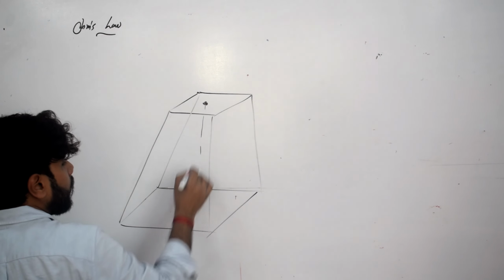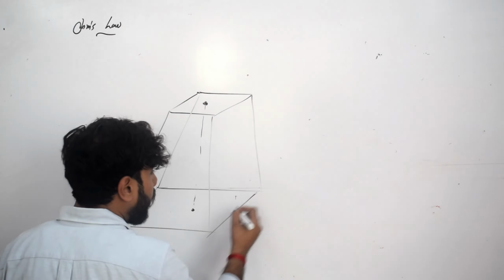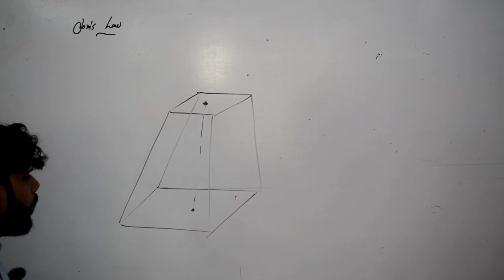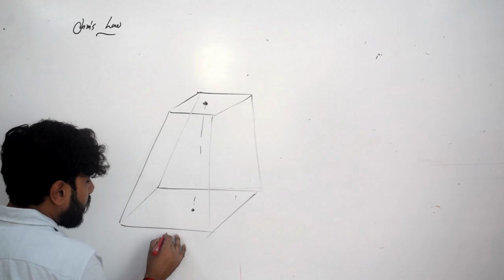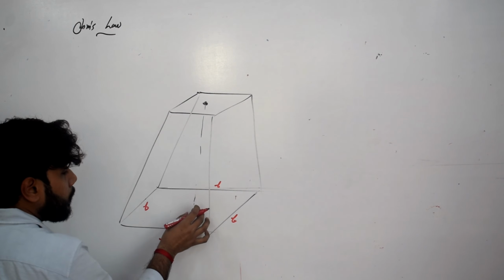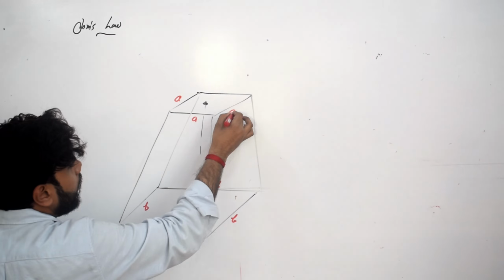These two points are the centers of each square face. It is just like a pyramid, but the top end has been chopped and the base is square. So the base is B by B, and the top face is A by A.